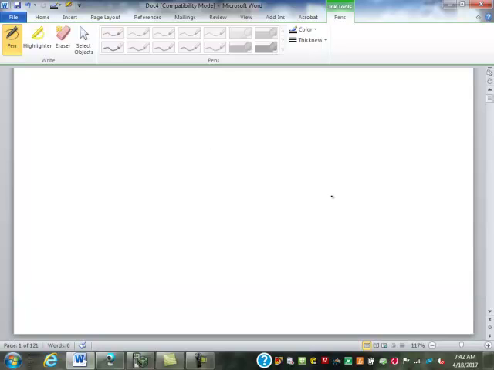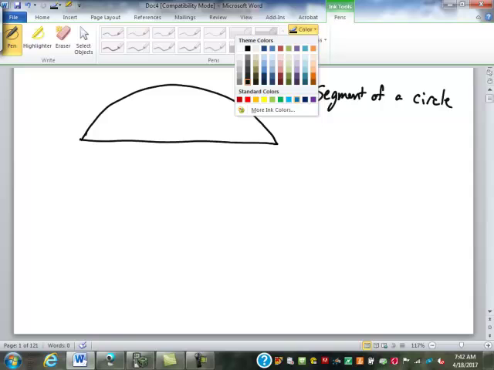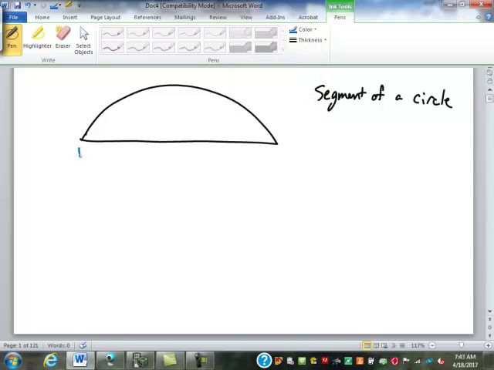First topic I want to cover is this. If I have a segment of a circle, and I know, what are we calling this? Is this still complex trig?